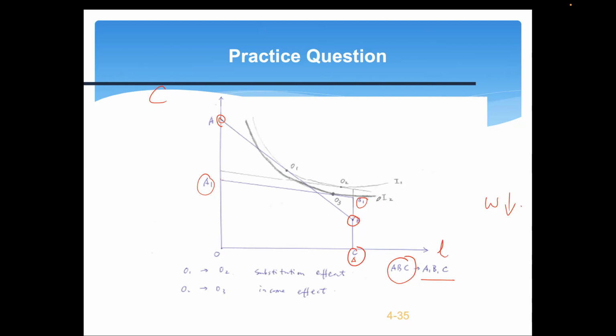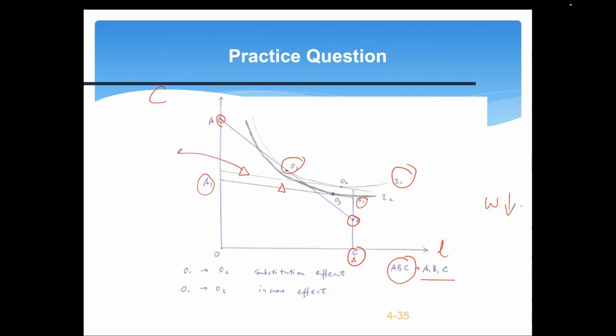At the original budget constraint, you have this indifference curve, and this is the original optimal choice. This is the final one, the new one. But to understand what happens, we draw this third line. This third line is parallel with the last one.